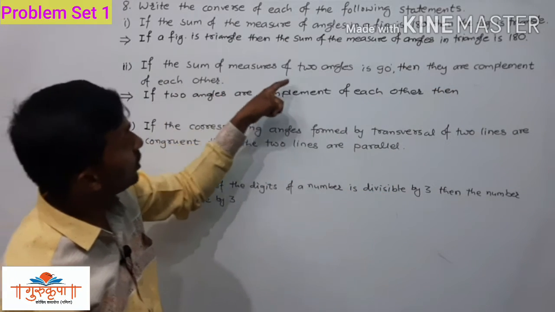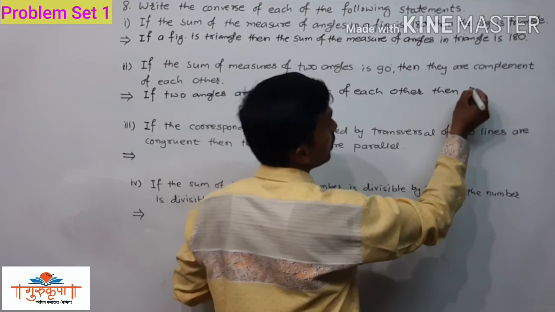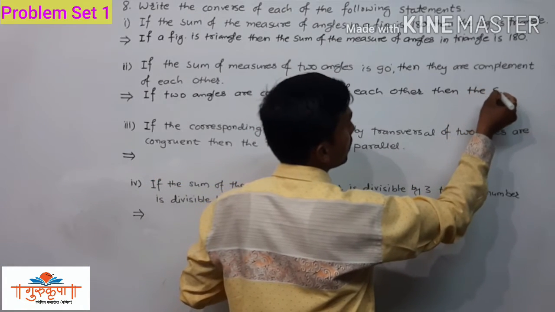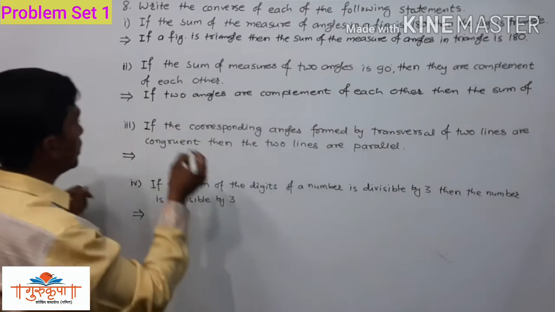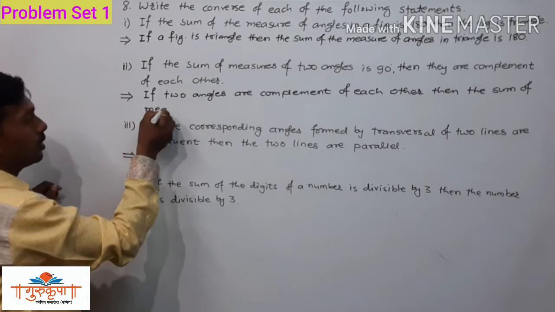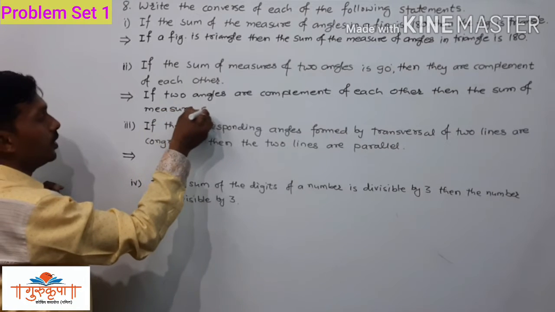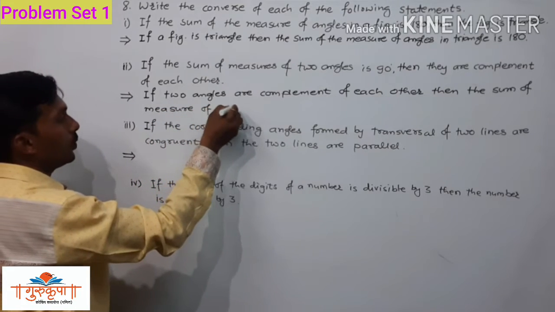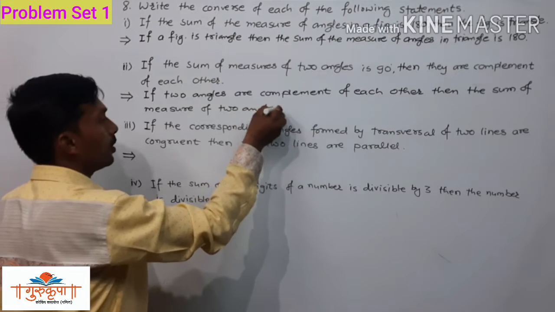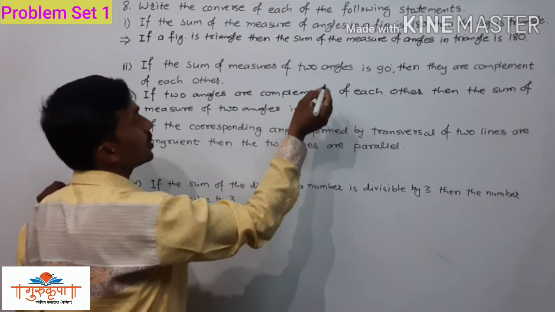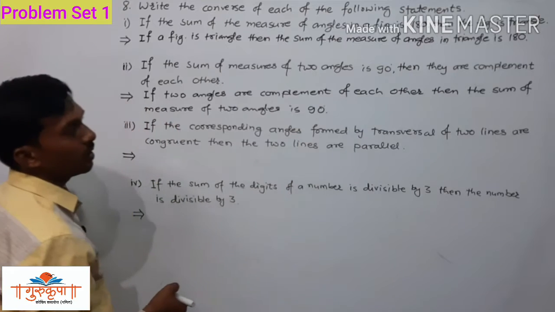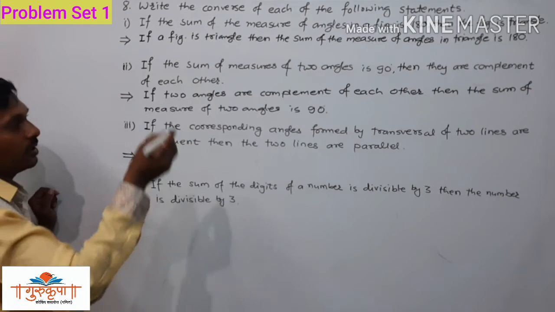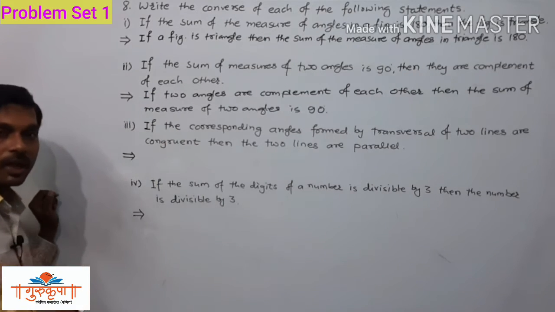The sum of the measures of two angles is 90 degrees. So this is the second statement for which we wrote the converse.